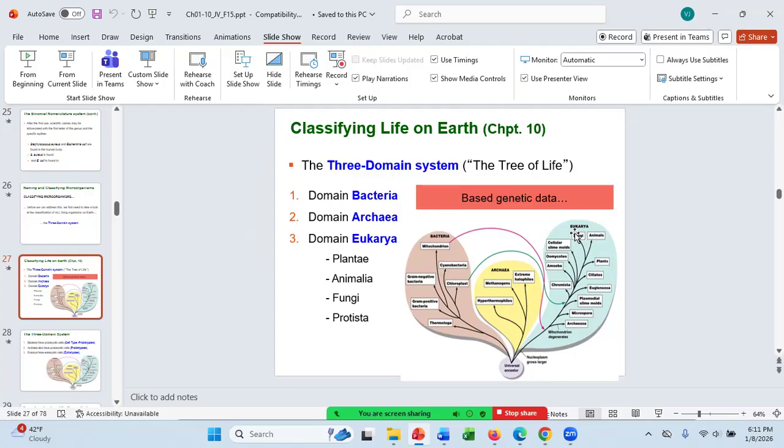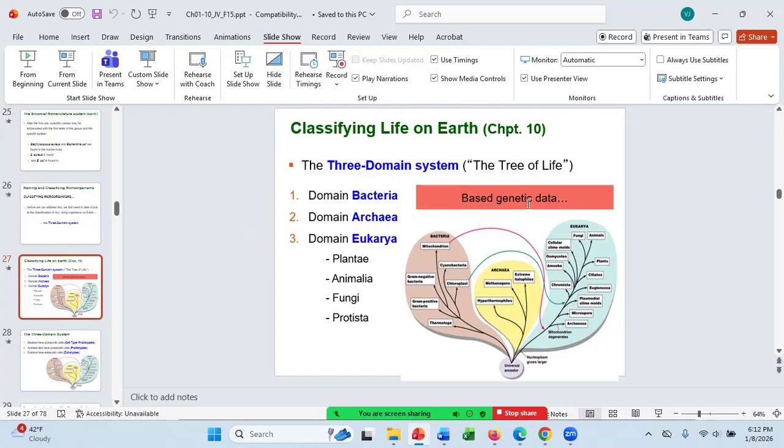So will we be focusing on mostly bacteria in this class then, or are we going over all three? Today, we're going to go over all three, and it is true that we do focus on organisms in this class which cause disease, which are largely the bacteria, but there are some eukaryotes which cause disease, like Candida albicans can cause a skin infection, a yeast infection on the skin, and then there are some parasitic worms which also cause disease, and those are eukaryotes.